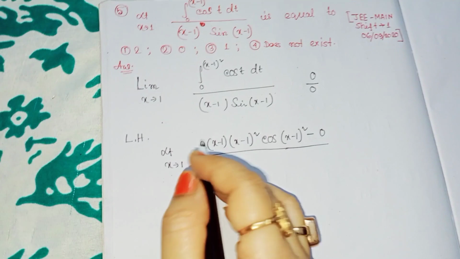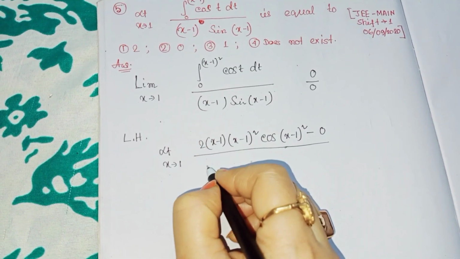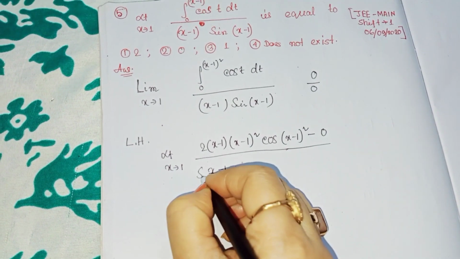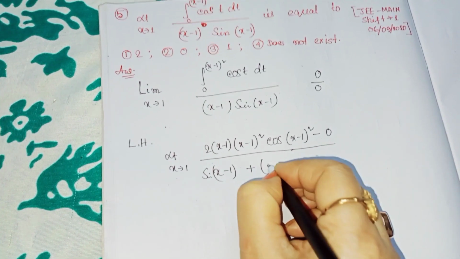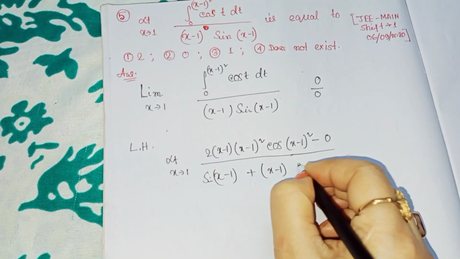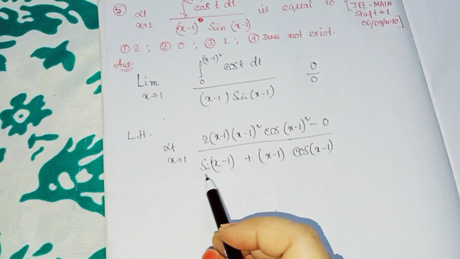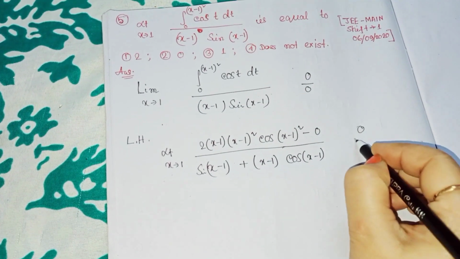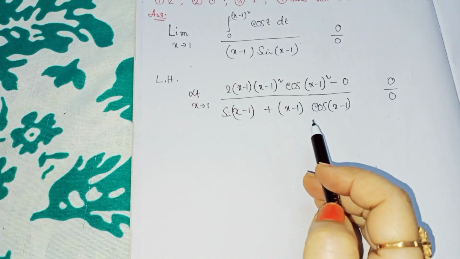The denominator after differentiation becomes sine of (x minus 1) plus (x minus 1) cos of (x minus 1). Now putting x equal to 1, again it is 0, so it is again a 0/0 form.